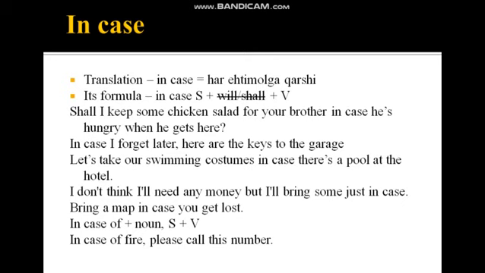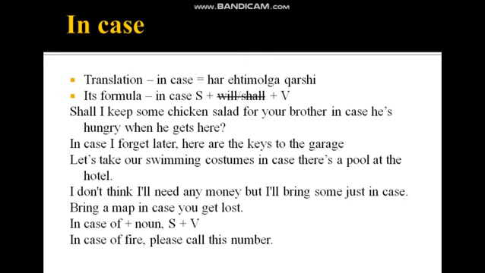So I have bought some food in case he comes. See guys, in case he comes, I have bought some more food. Which means I'm not sure he will come or not, but anyway I am ready for the situation.